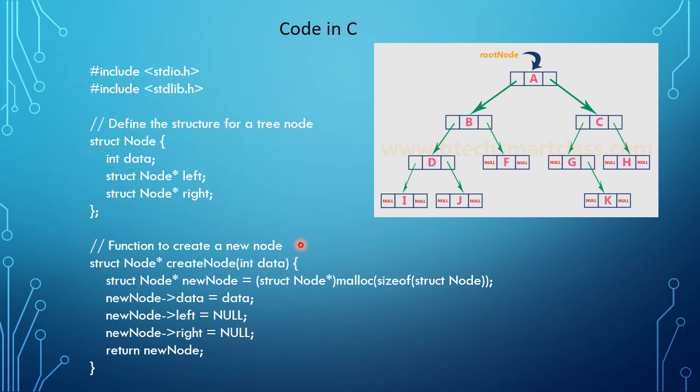So the data type is created, but we have to assign the memory for the data type. For that we have to create a node which stores the data.